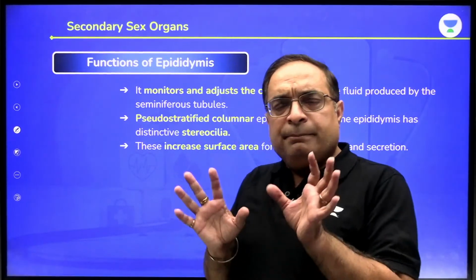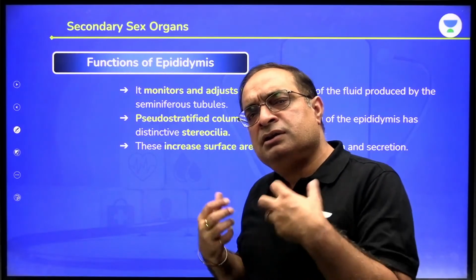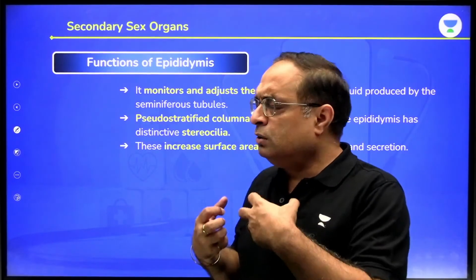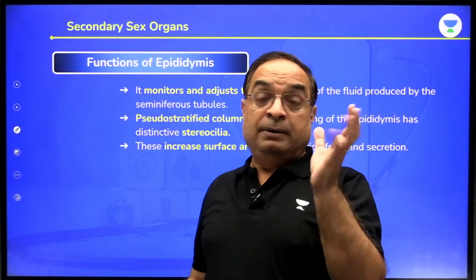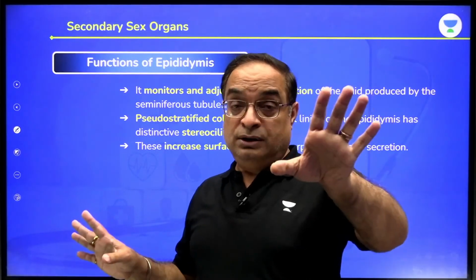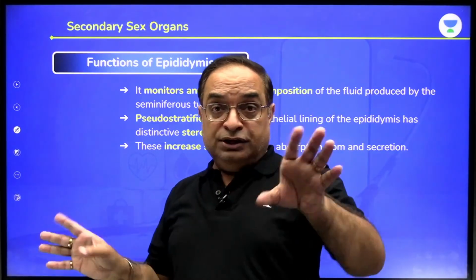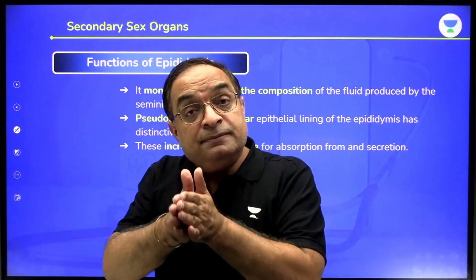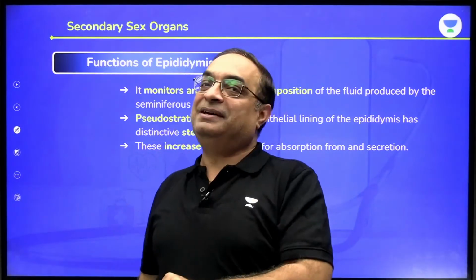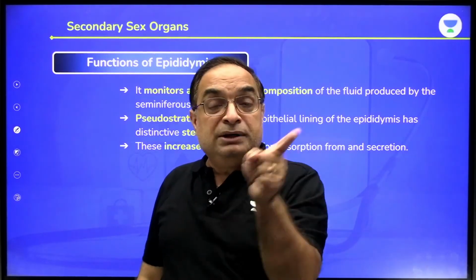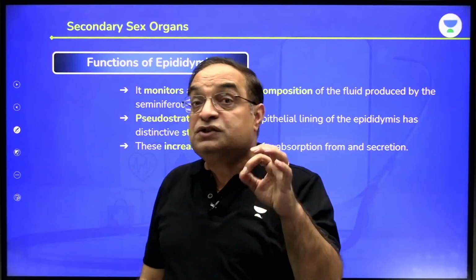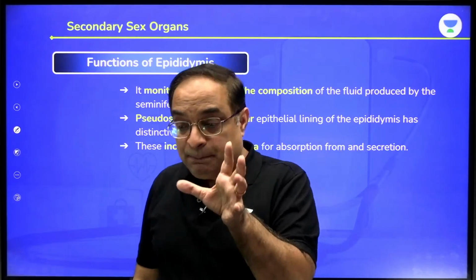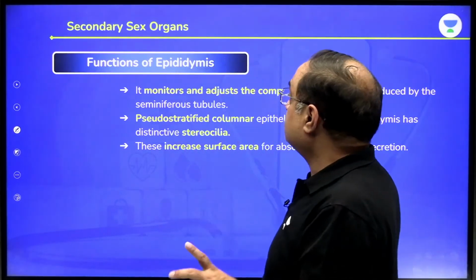Male is producing millions and millions of sperms continuously. But they are not continuously ejaculated from the body. So where will they go? Sperms remain stored in the epididymis. So that 8 meters long convoluted tubule stores the sperms. It is called the primary storehouse for the sperms.